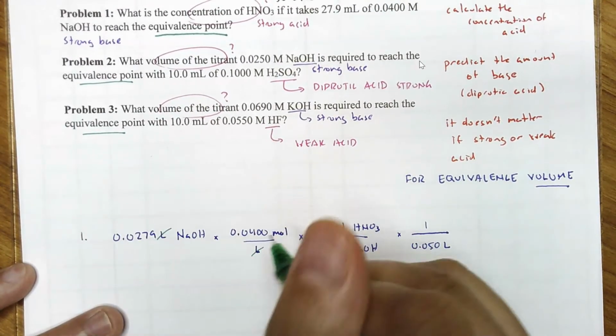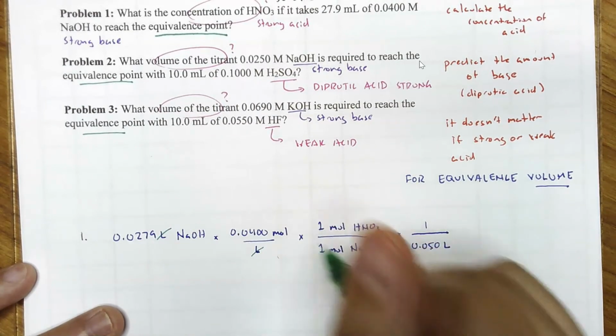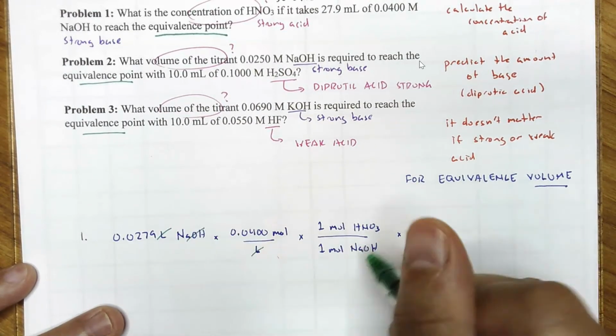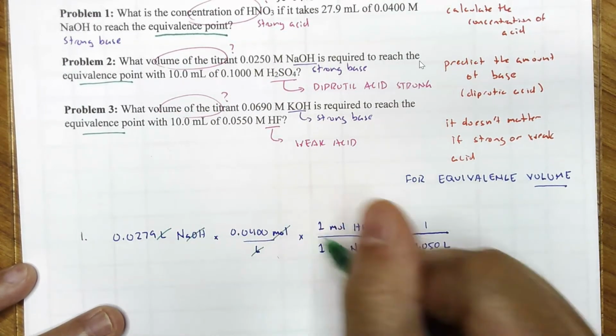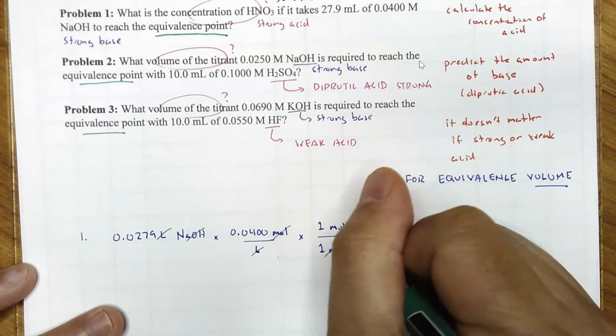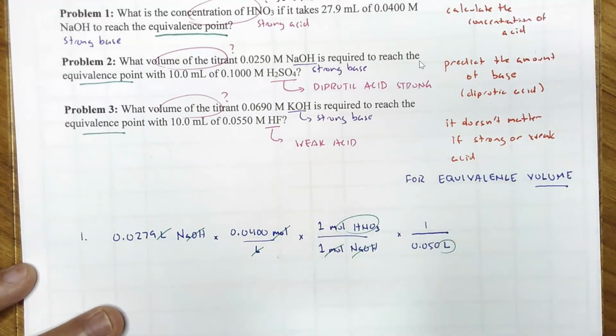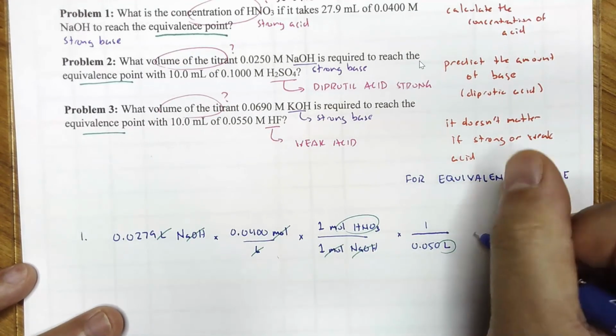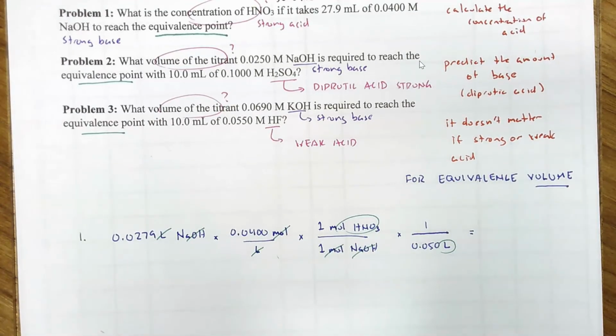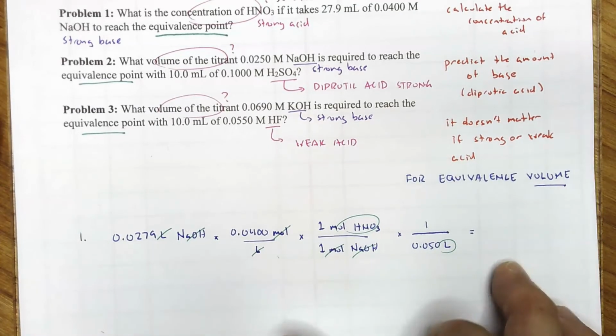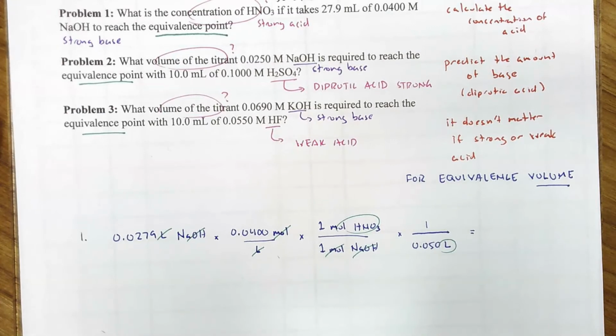Liters go away, NaOH goes away, moles go away, and then we have moles of HNO3 per liter. And that's a molarity. Once I gave you the volume of the solution in the flask, we're able to get the answer on one line.